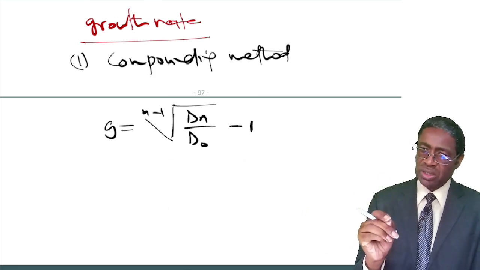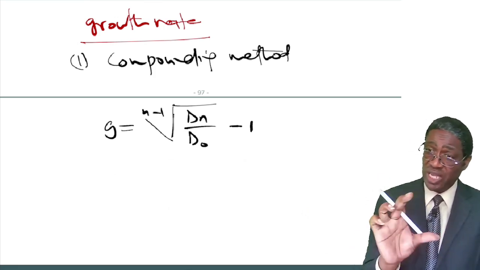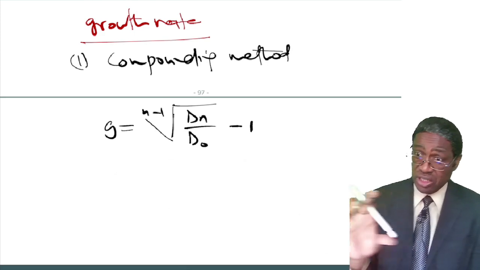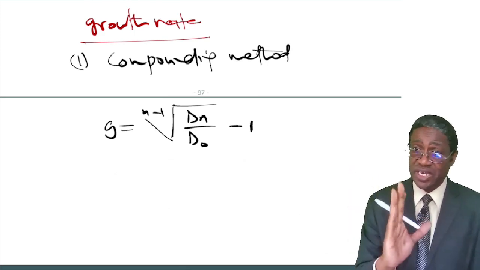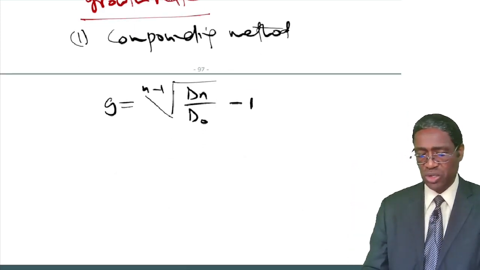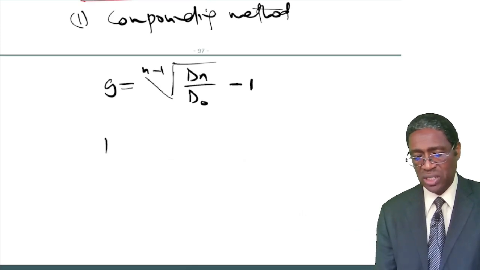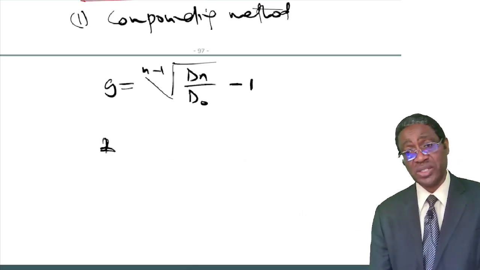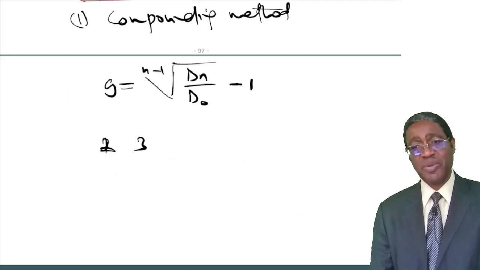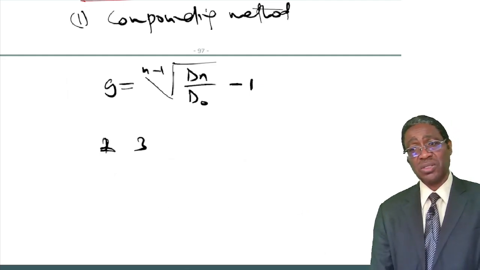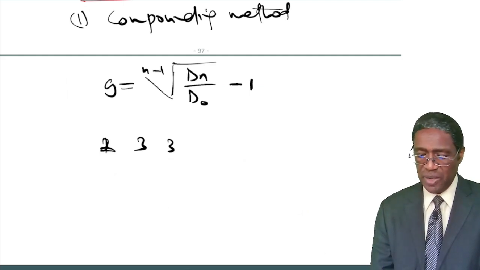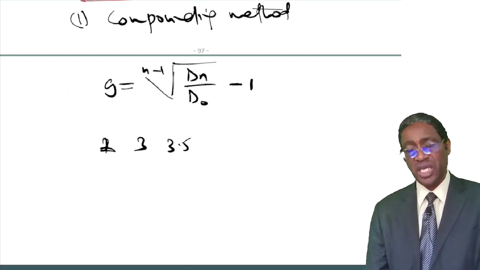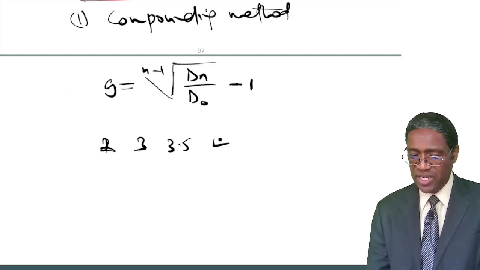D naught, because for this formula you will be given the history of how the company has been paying dividend. Let me just use a small illustration here. In year 1, the company paid a dividend of 2 shillings. In year 2, a dividend of 3. In year 3, 3.5. In year 4, 4 shillings.